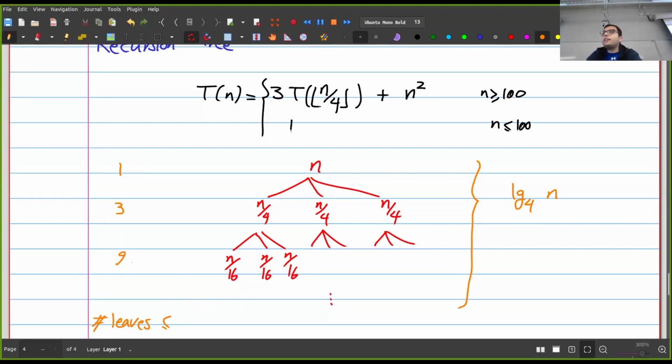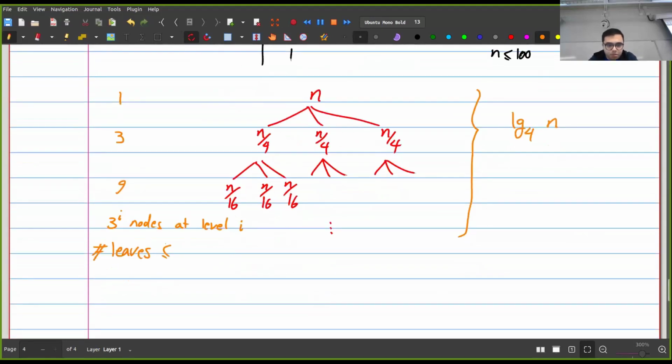Generally, at level i I have 3 to the power of i nodes. Right? So my number of leaves is going to be in O of 3 to the power of i, where i is log base 4 of n. Right? So 3 to the power of log base 4 of n.